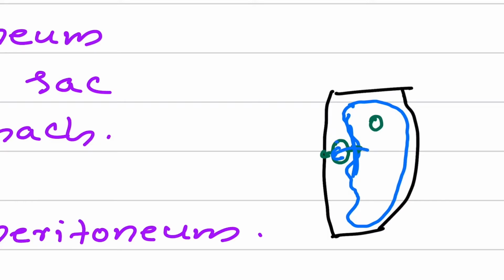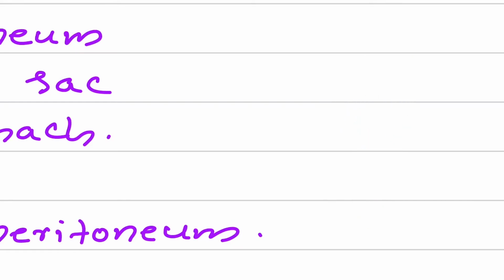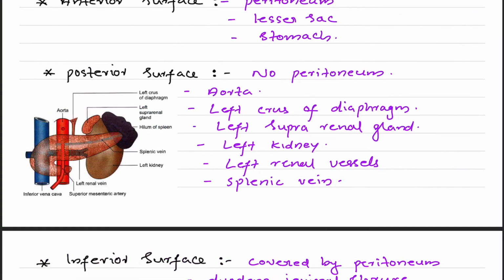So it is called retroperitoneum. Behind the peritoneum. So the pancreas is situated behind the peritoneum, so it is called a retroperitoneal organ.